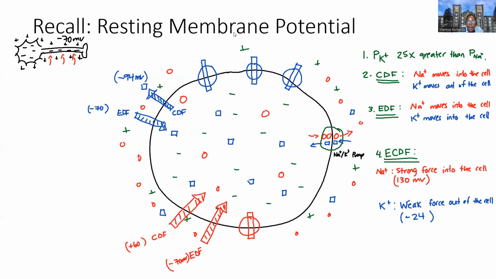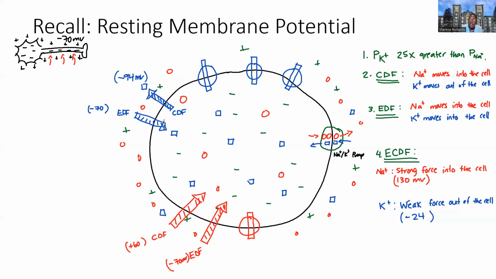Someone asked about the ECDF for potassium again. So for the ECDF, we think about the two forces acting on potassium. If you look at the concentration gradient for potassium, potassium is at a greater number inside the cell. Again, thinking about our sodium-potassium pump, greater concentration of potassium inside the cell and a lower concentration outside the cell. So the chemical driving force, which is the concentration gradient, is moving potassium out of the cell.